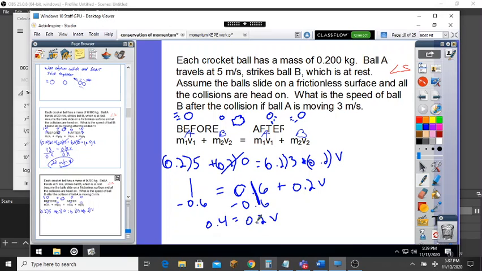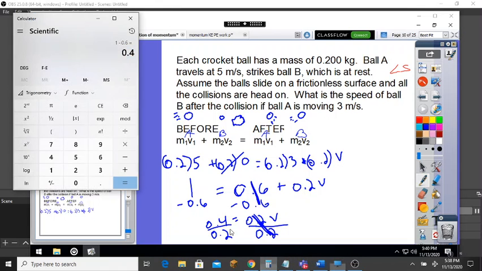Now 0.2 times v is multiplying, so you can do the opposite here, which is divide. That cancels, and we're left with 0.4 divided by 0.2, and that gives me 2.